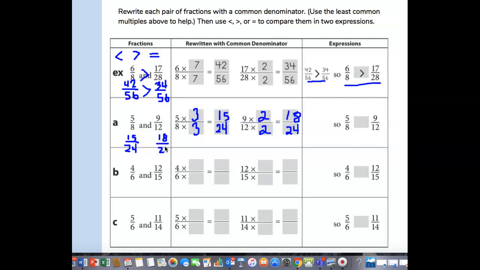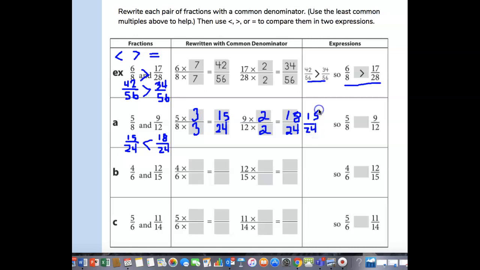So now it's easy. We can compare because we don't worry about the 24ths. We just look at the top numbers. 15 is less than 18. So 15/24 is less than 18/24. So that's what they put over here. Oopsie, 24ths.